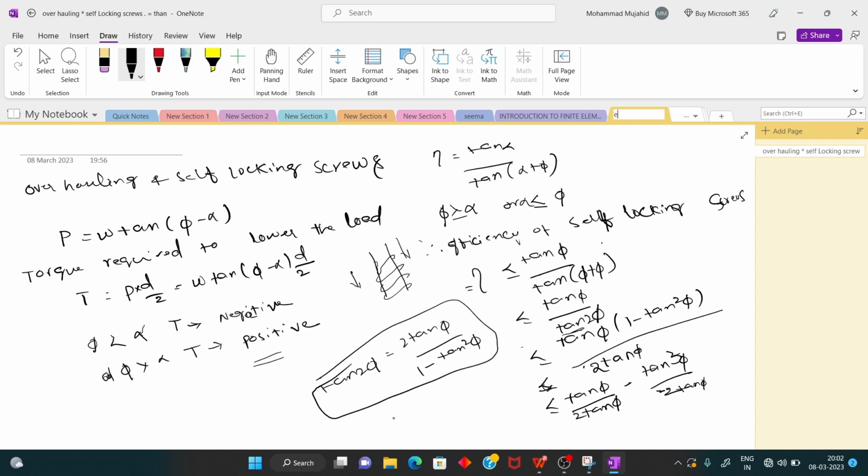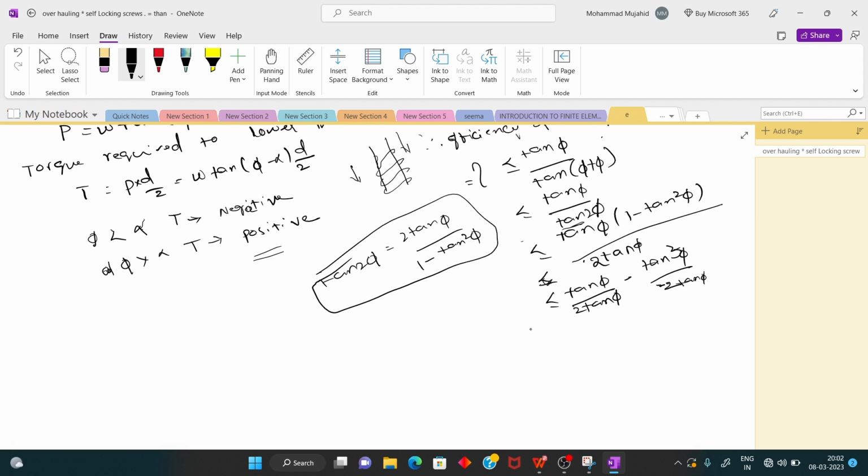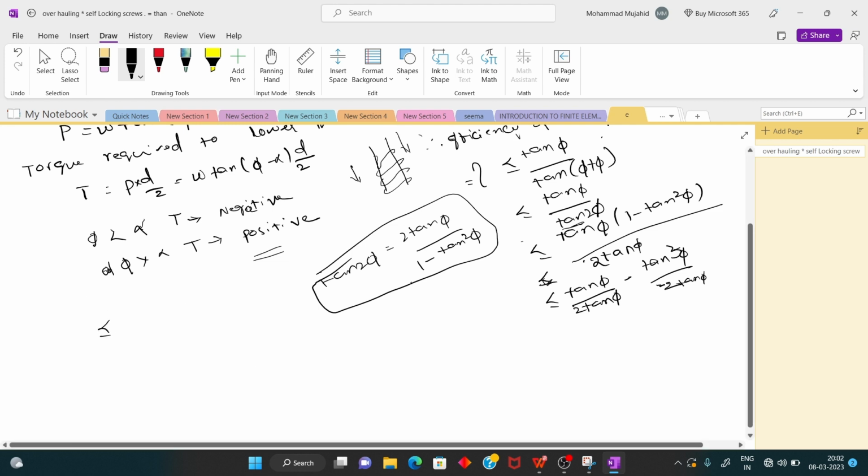The tan phi will get cancelled, so 1 by 2 minus tan square phi by 2.